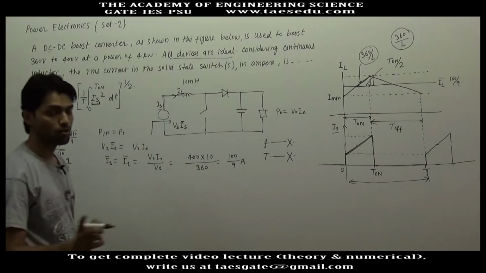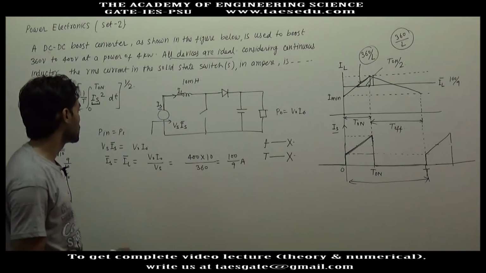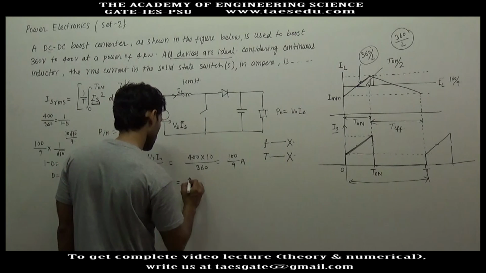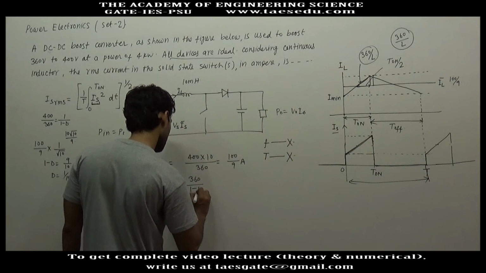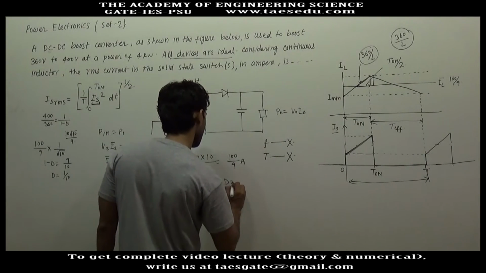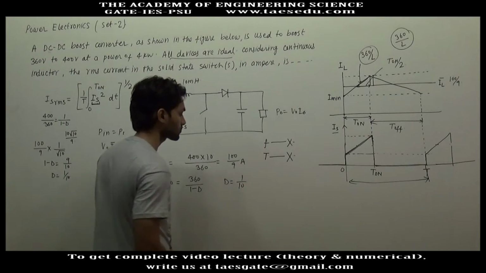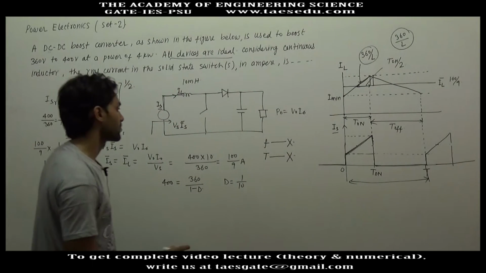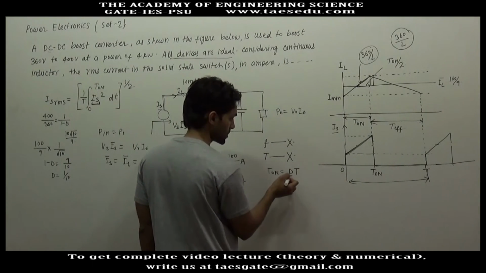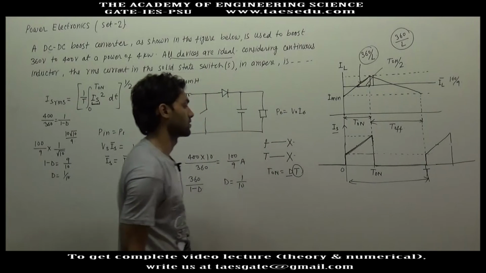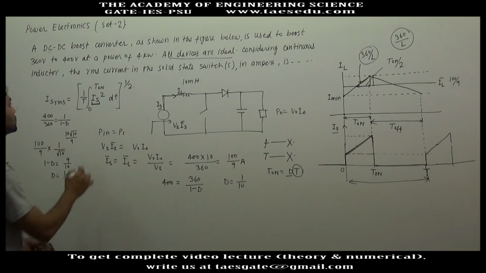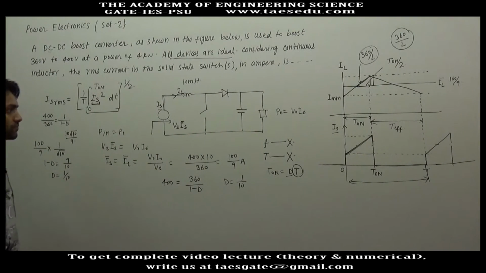Obviously input and output voltages are given, so you can calculate the duty cycle. The output voltage 400 volt is equal to 360 divided by 1 minus d, so d is 1 by 10. Since t on is equal to d into T, and the total time is not given, you cannot calculate t on, so this expression cannot be calculated.